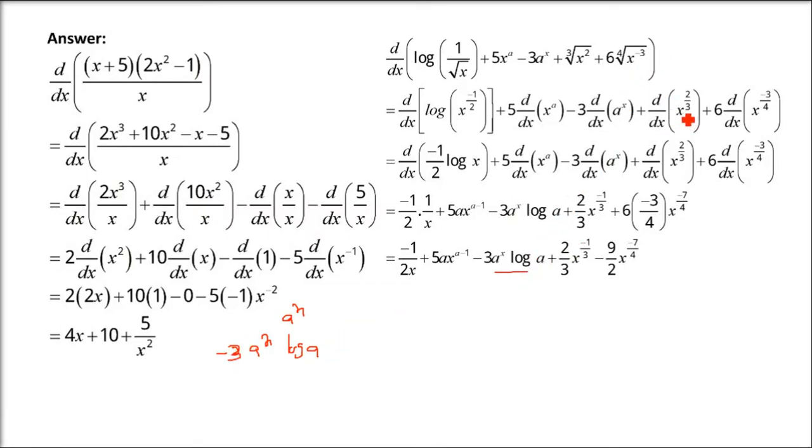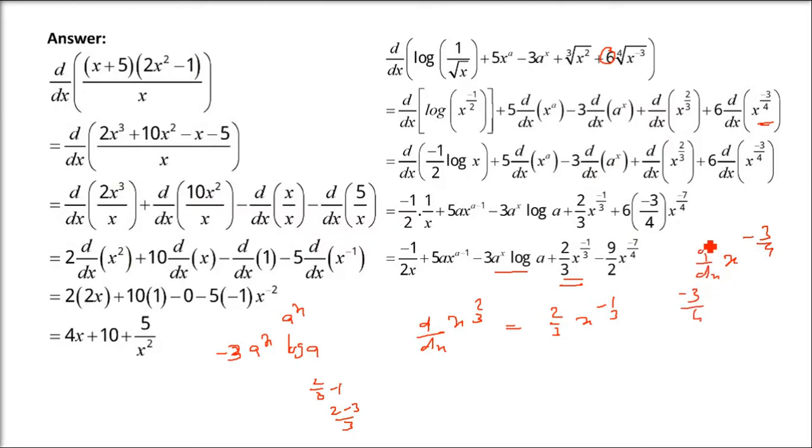Base is e. Okay, coming to x raised to 2 by 3. So x raised to 2 by 3 is quite known to us now. 2 by 3 x raised to 2 by 3 minus 1. 2 by 3 minus 1 is minus 1 by 3. x raised to minus 1 by 3. Let us come to the final one. 6 is already there. x raised to minus 3 by 4. How to do this? Because it is the fourth root of x raised to minus 3, that is why it is x raised to minus 3 by 4.